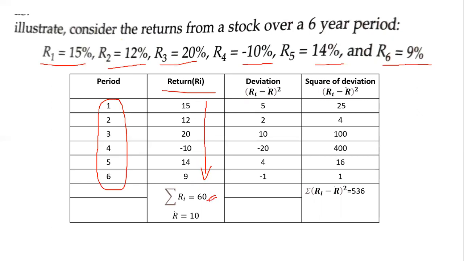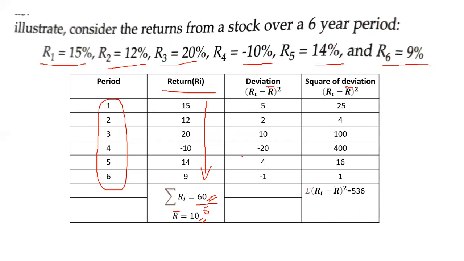That is the summation. Dividing this 60 by the number of periods, that is 6, we will get R bar is equal to 10. So the average return for 6 years is 10.